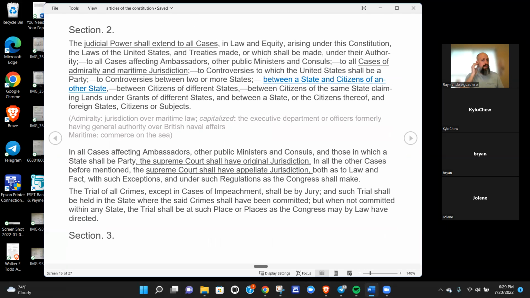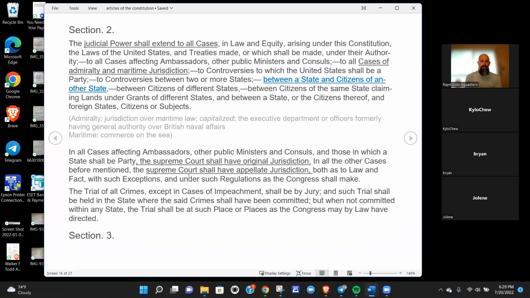All right. Here's a fun one. Article 3, Section 2. The judicial power shall extend to all cases in law and equity arising under the Constitution, the laws of the United States, the treaties made or which shall be made under their authority, to all cases affecting ambassadors, other public ministers and consuls, to all cases of admiralty and maritime jurisdiction.